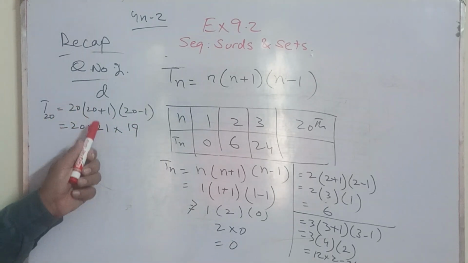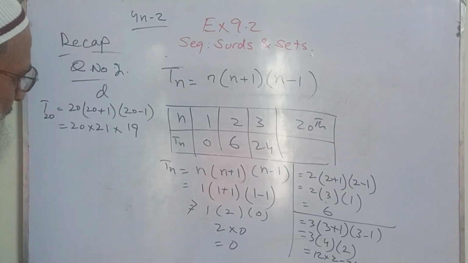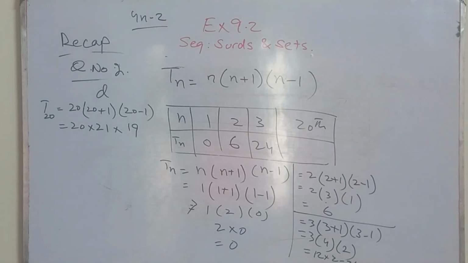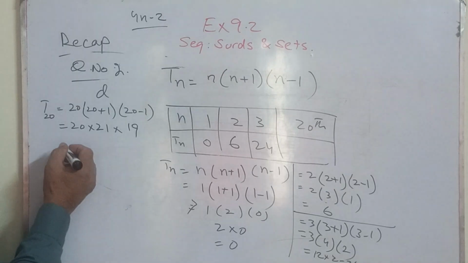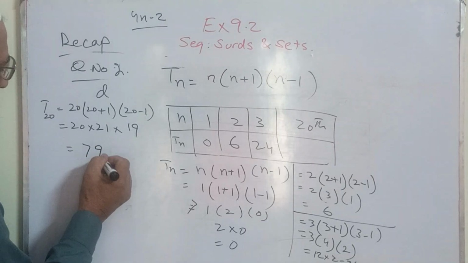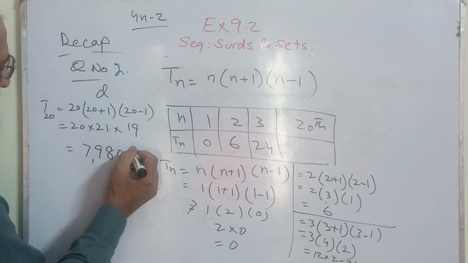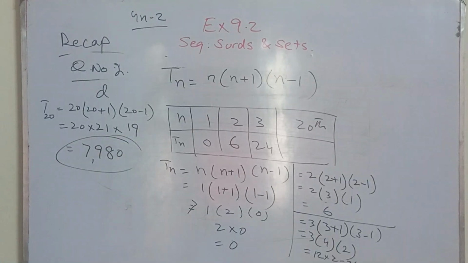This has to be done with the calculator. 20 times 21 times 19 will become 7,980. This is our answer for the 20th term.